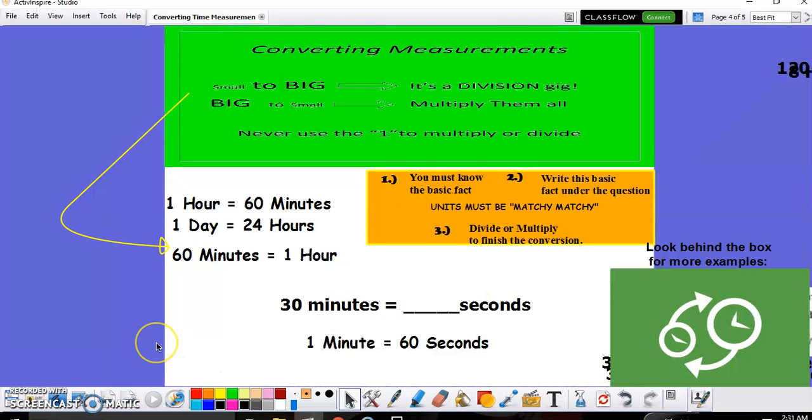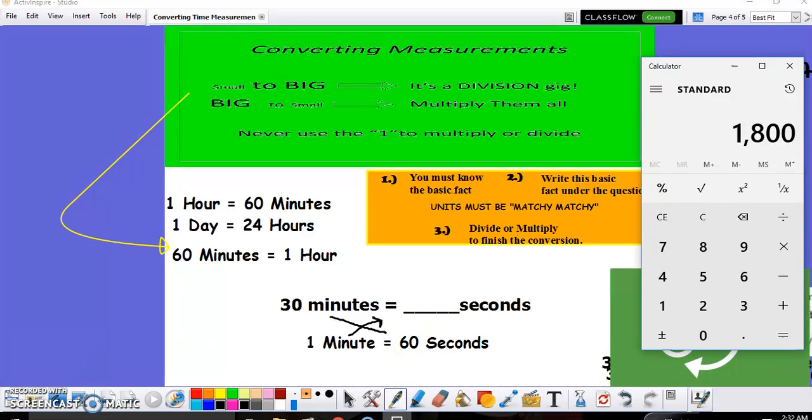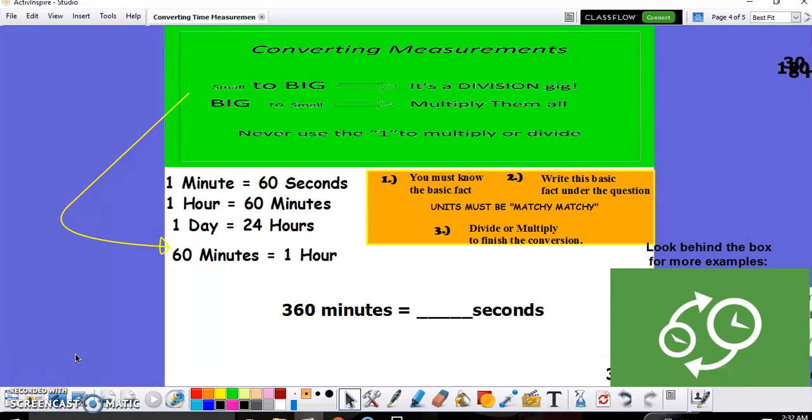You should multiply them all. Go ahead and multiply and solve. Because it's big to small, and my 30 is across from my 60, I multiply them all. And 60 times 30 is 1,800.